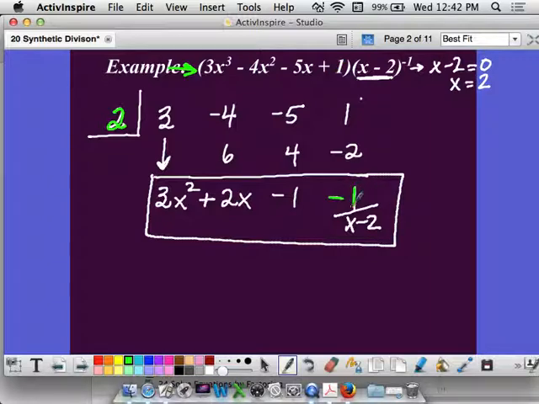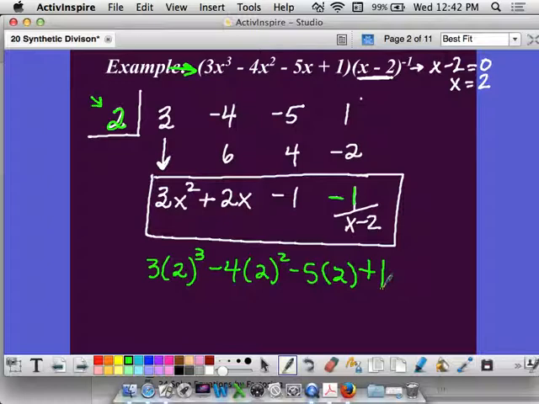In other words, you go back to your original up here, and you say 3 times 2 cubed, minus 4 times 2 squared, minus 5 times 2, plus 1, and when you hit enter, it's going to equal negative 1, whatever remainder that you got for this particular problem. And that will tell you that you're right. If you get anything different, then you're wrong. This is a good place to break, and we'll go on to the next video to look at some more examples, but this is synthetic division.